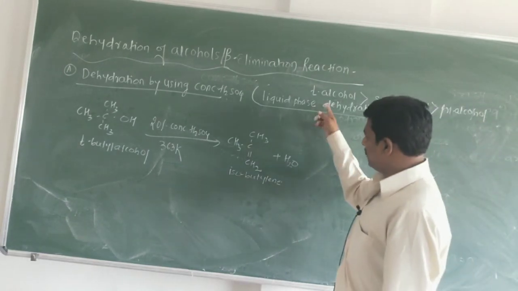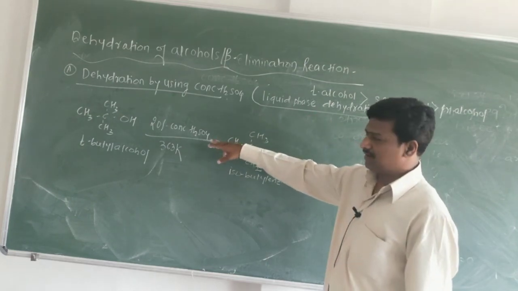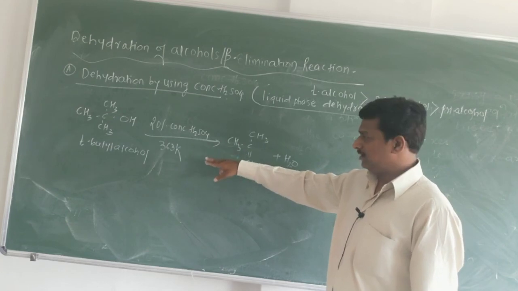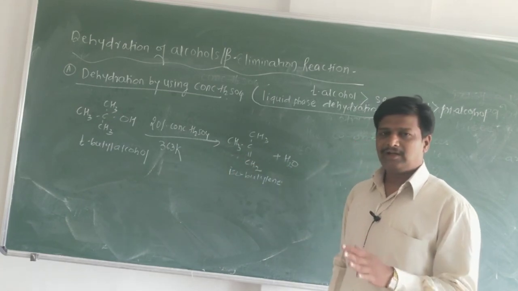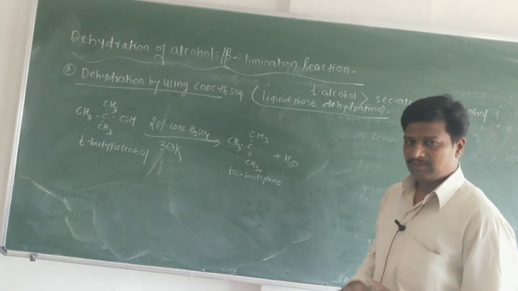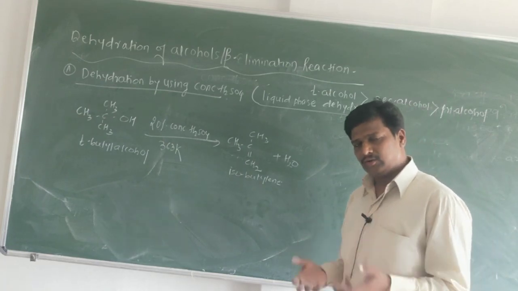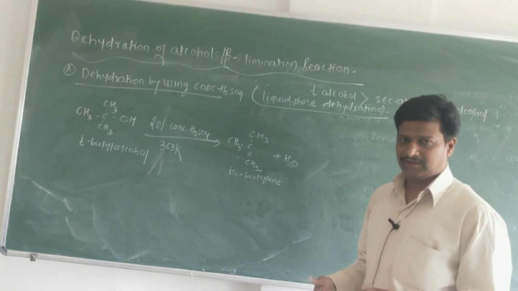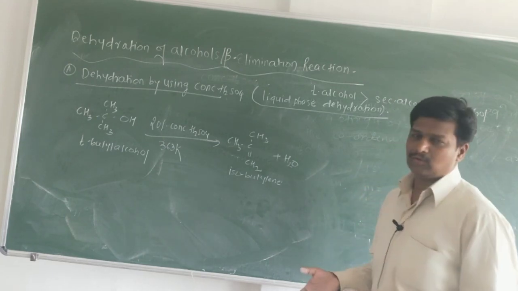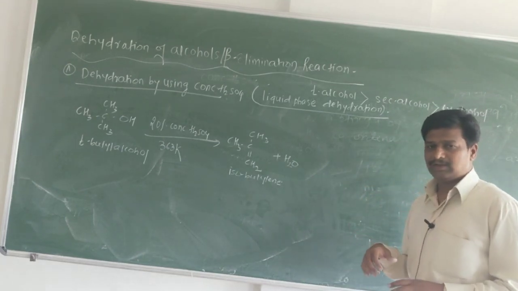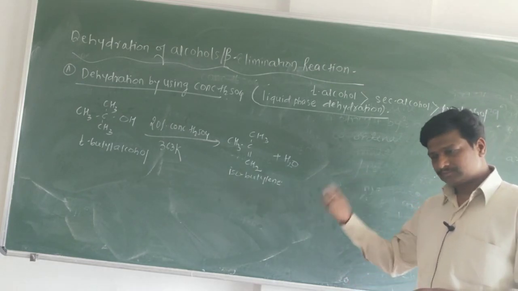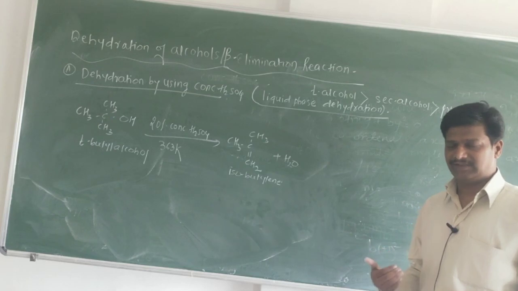In the tertiary alcohol the concentration should be 20% and the temperature is 363 Kelvin. Means at the lower concentration and at the lower temperature the tertiary alcohols may dehydrate, whereas for the secondary alcohol the temperature is 373 Kelvin and the concentration is 60%.